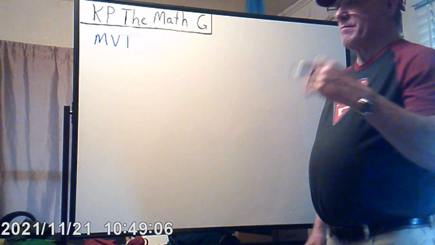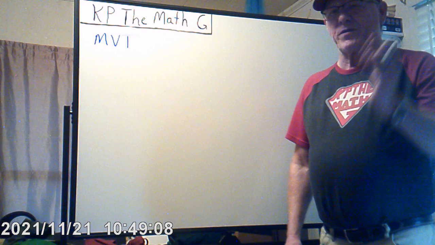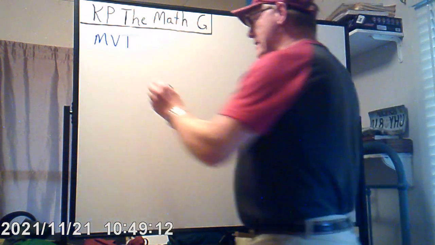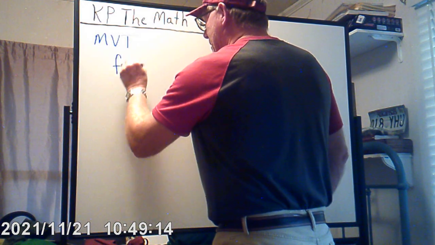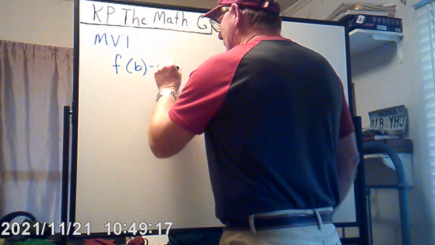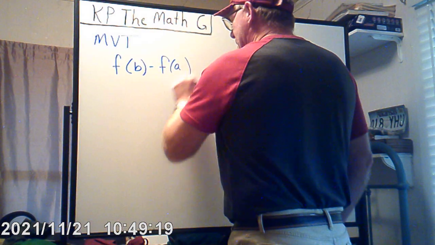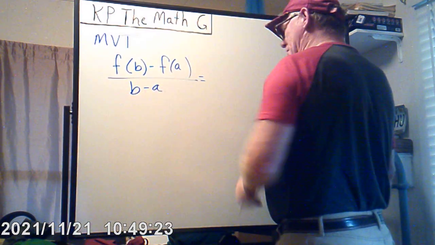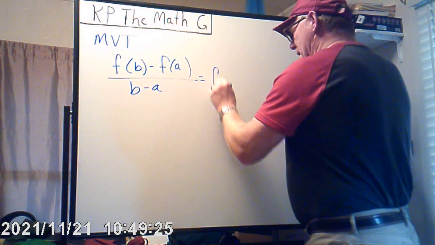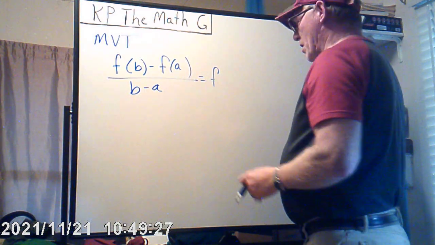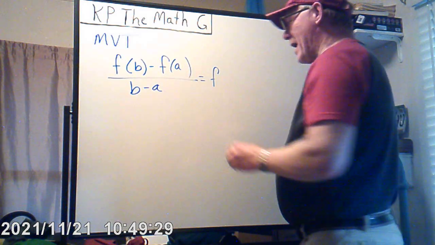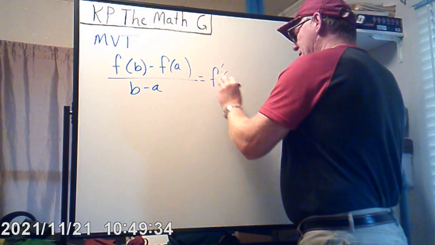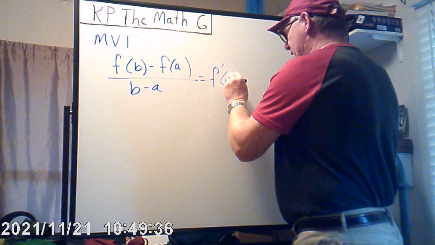And what it means is that the slope of the secant line, which by the way is f at b minus f at a over b minus a, that slope is equal to the slope of the tangent line, which is f prime at some letter c.